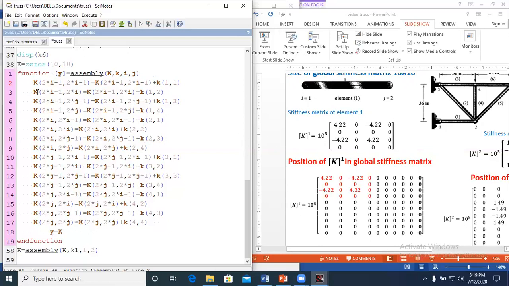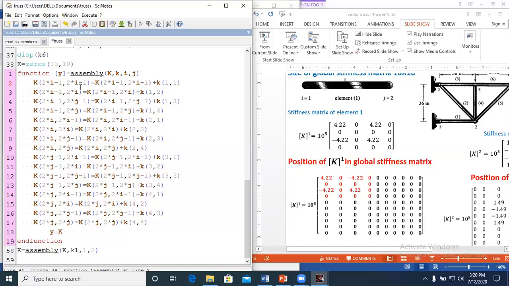Now go to the second, it is K of 2i minus 1 comma 2i, that means K12. K12 of this matrix is again 0, plus k12 of k1, which is 0 again. Next, K of 2i minus 1 comma 2j minus 1, j is 2 and 2i minus 1 is 1, so it is K13.